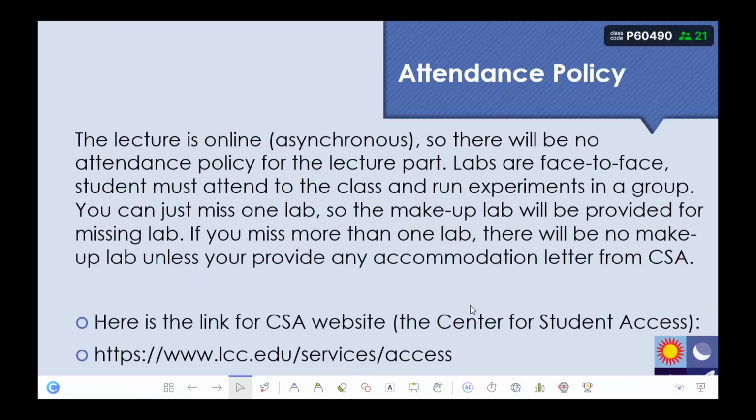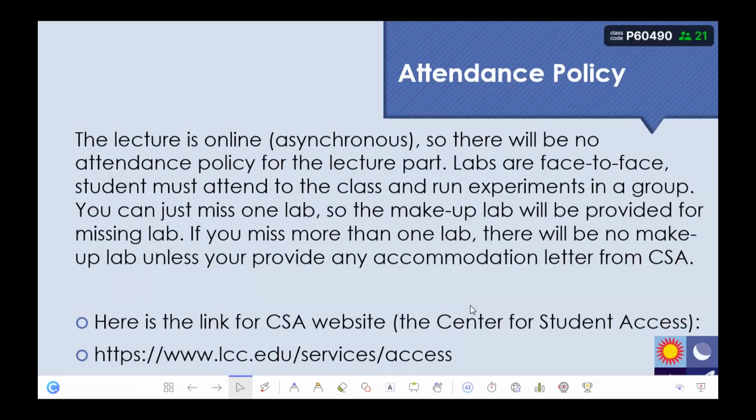If you miss 1 lab, the makeup lab will be provided, and the makeup lab will be an online lab. So let's say something happened, an emergency situation. You cannot come, send me an email: I cannot come to this lab, so I will provide you a makeup lab. This is going to be just 1 chance of missing.